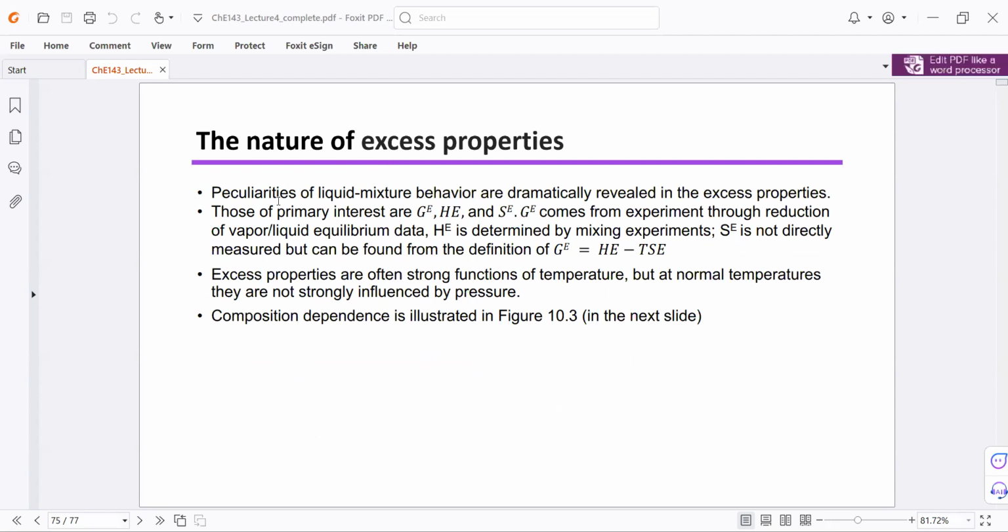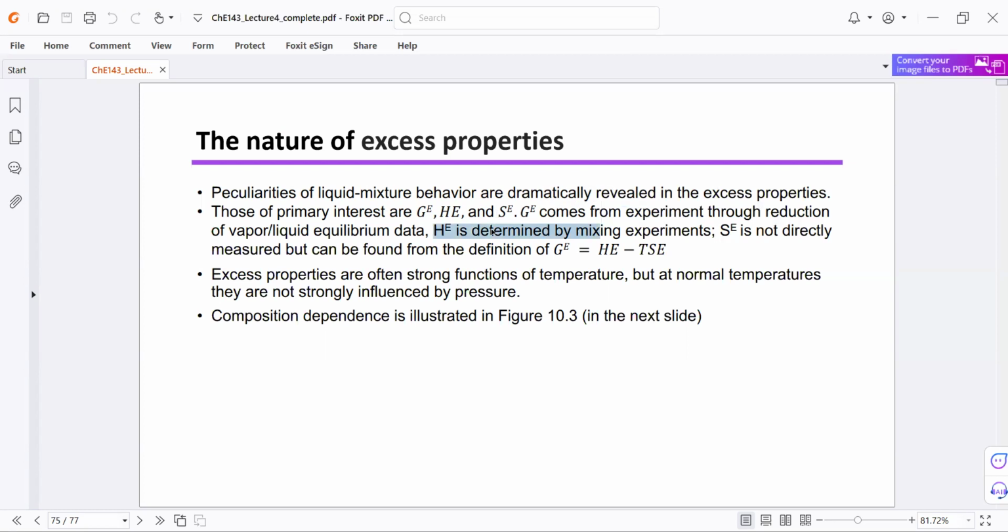There are peculiar behaviors of liquid mixtures that are revealed in excess properties. Particularly, we want to focus on Gibbs free energy, enthalpy, and entropy, which we can observe using experiments.